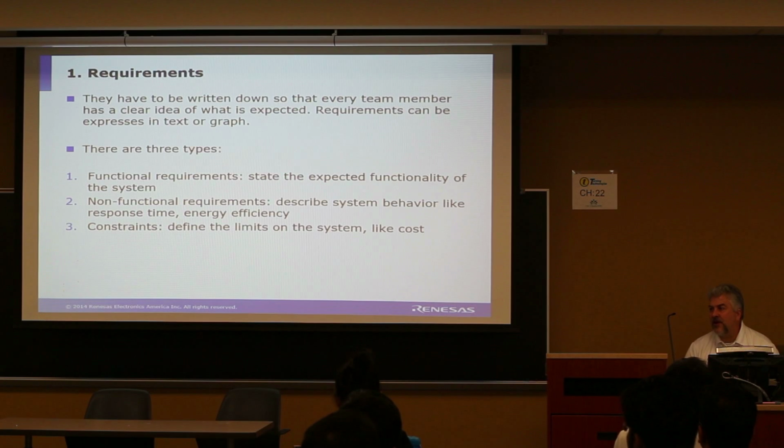You're also identifying the expected performance, or maybe even constraining the system to use certain technologies. That may be a requirement of your customer. So functional will be the expected functionality, behavior, response time, and energy efficiency, and then, as I said, constraints, limits like cost or particular technologies.